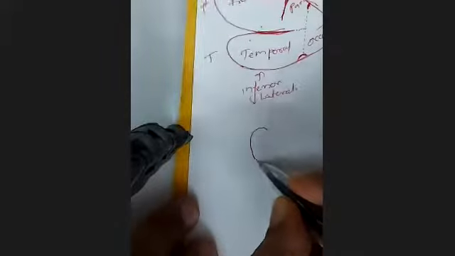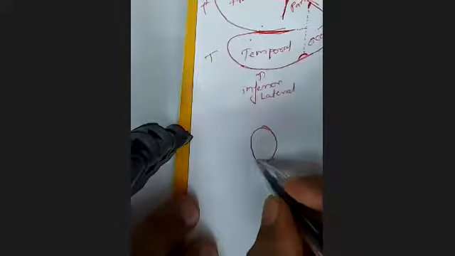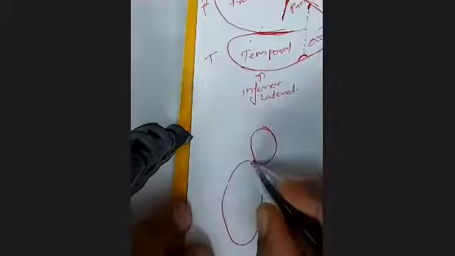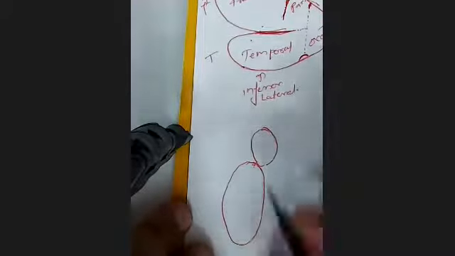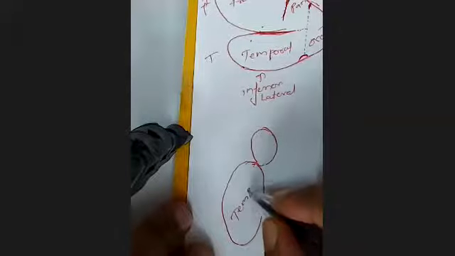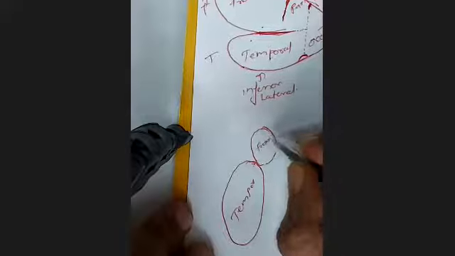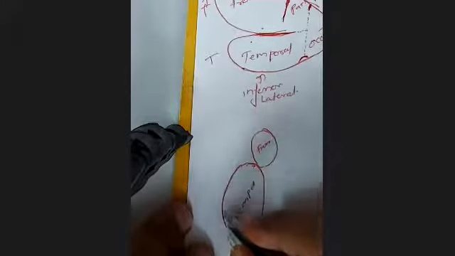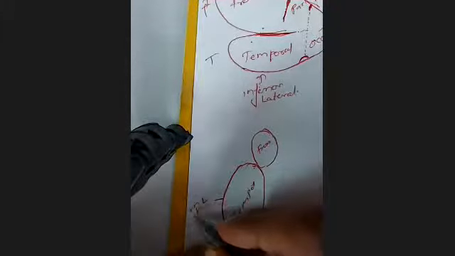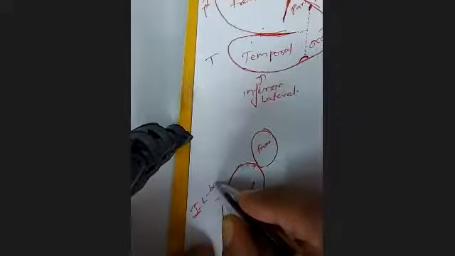Because if we look at the inferior surface, it looks like this. This is the temporal part and this is the frontal part. So this inferolateral border is this, as you are looking from the inferior aspect.